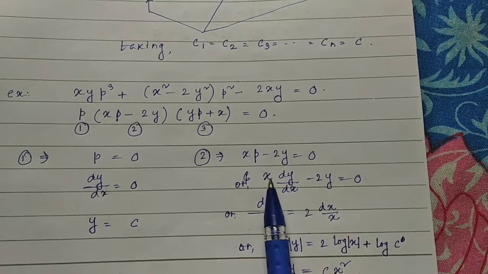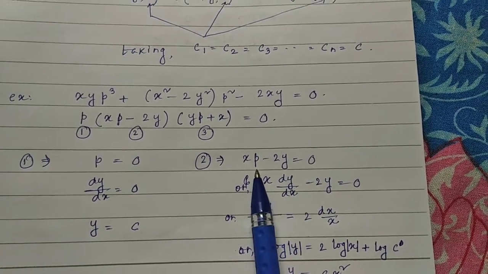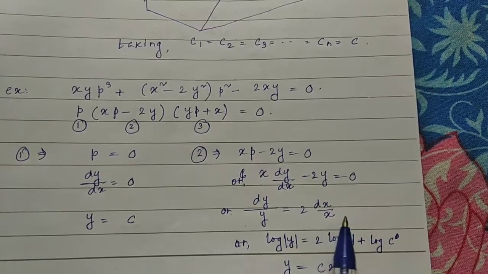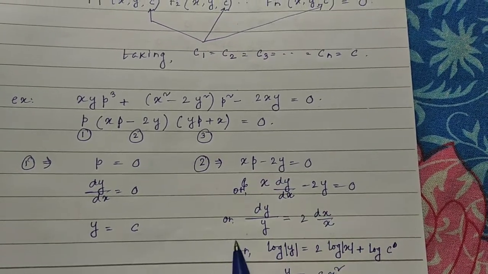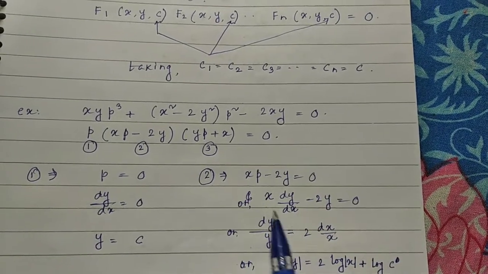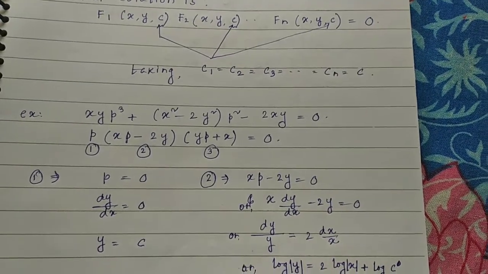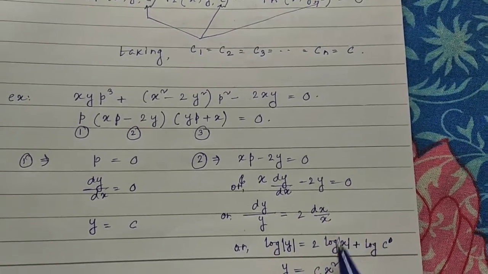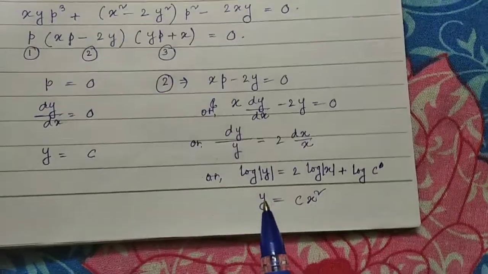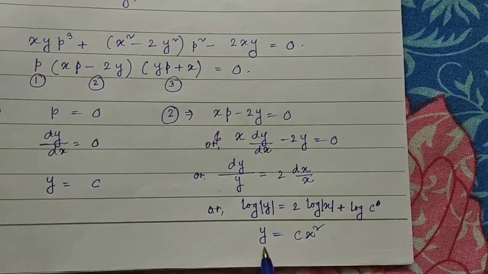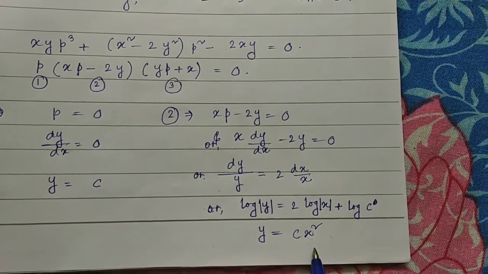If you put dy/dx in place of p, this becomes a first order, first degree equation, and you know the methods of solving it. If you solve it, the solution is y equals cx squared.